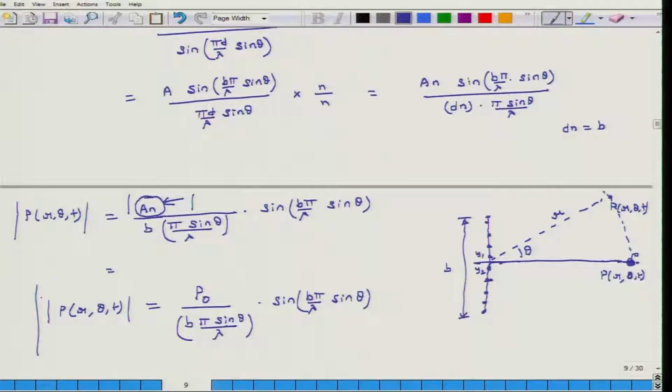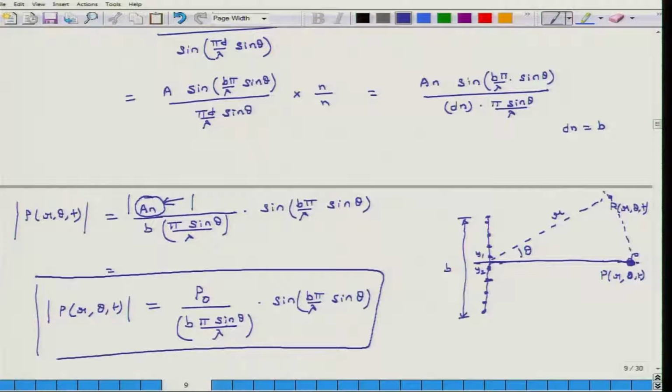Okay. So, this is our final expression, and what this expression tells us is that at any angle, if I have to calculate the value of sound pressure level, I can calculate it in terms of theta and lambda and b as long as I know the value of pressure at theta equals 0.